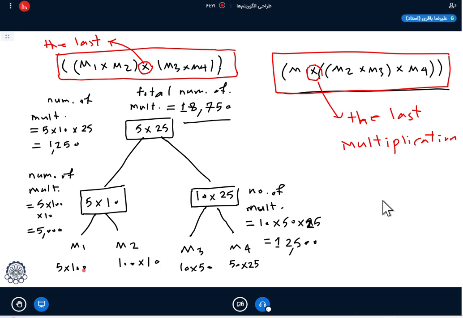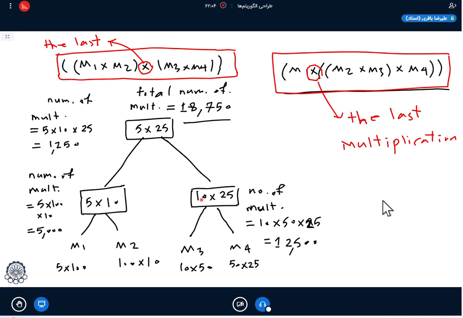This is the number of multiplications. Also for M3 and M4, if we multiply M3, that has 10 rows and 50 columns, to M4, which has 50 rows and 25 columns, we get a matrix that has 10 rows and 25 columns, and the number of multiplications is 10 multiplied by 50 multiplied by 25. At last, the left side is multiplied by the right side. In the left side, we have a matrix that has 5 rows and 10 columns.